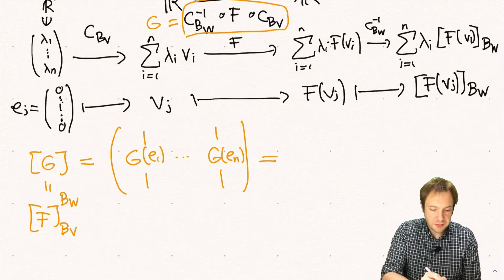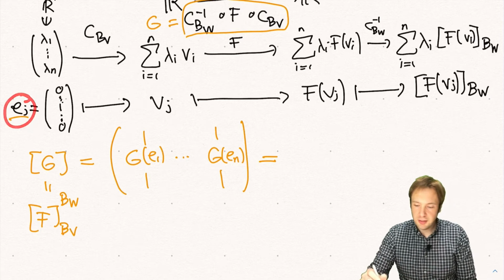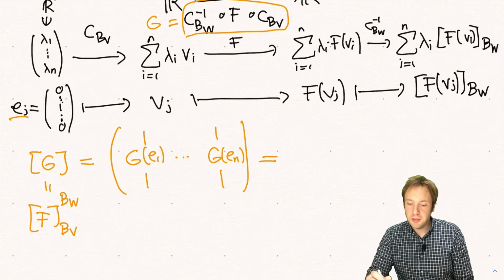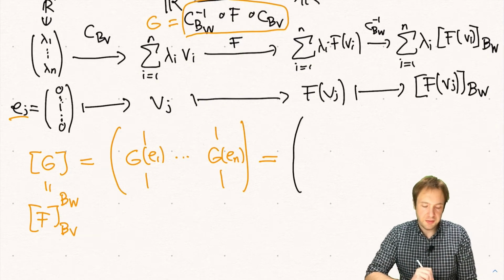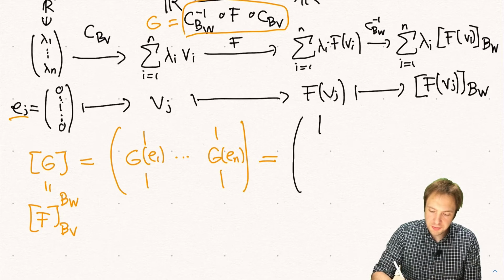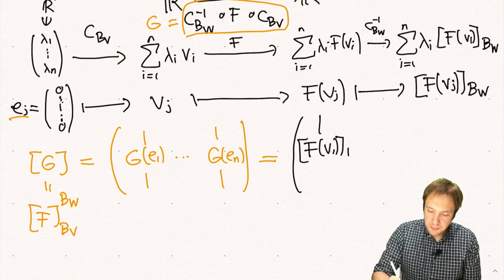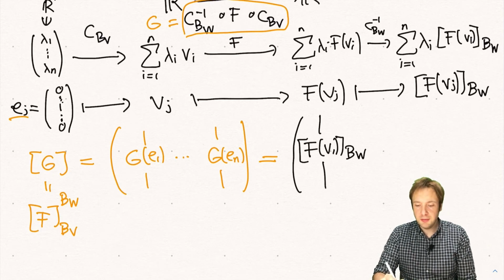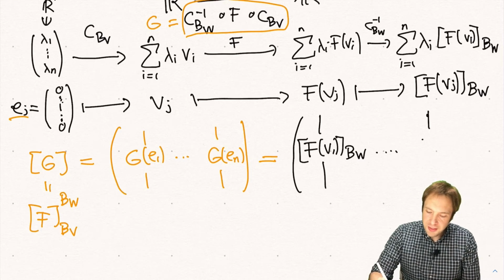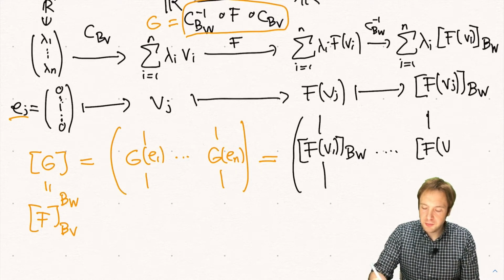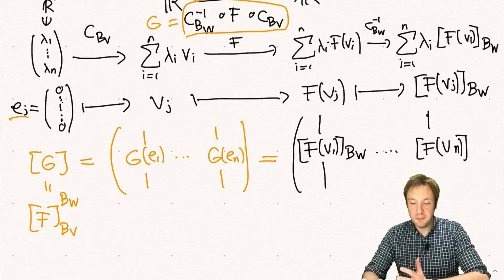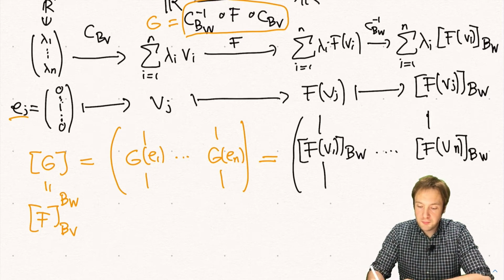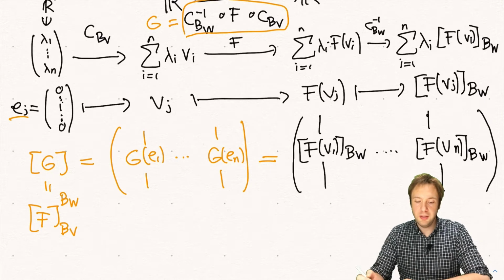And here we saw that ej gets mapped to the coordinate vector of F of vj. So this just means that the first column of this matrix is the coordinate vector of F applied to the first basis vector, with respect to the bases BV and BW, and the last column is F applied to the last basis vector in V. Then this is an element in W, and we can ask for the coordinate vector with respect to the basis BW.